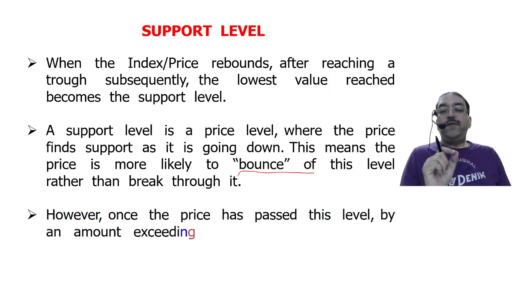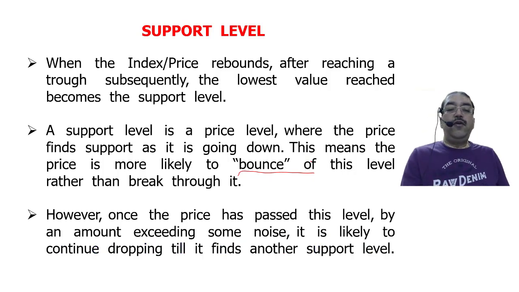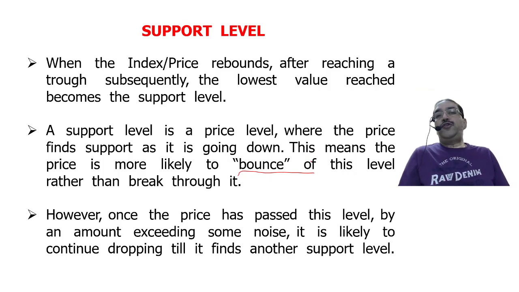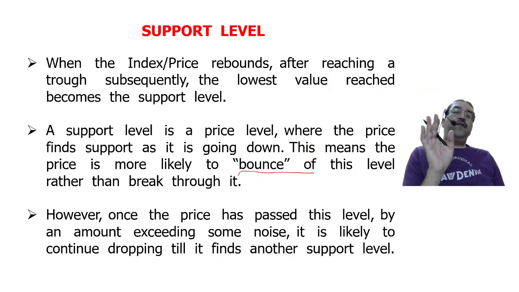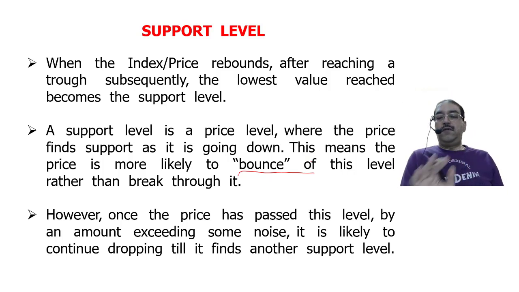However, once the price has passed this level by an amount exceeding some noise, it is likely to continue dropping till it finds another support level. It will go on falling. There will be some support, again it will fall, but the lowest point will be the lowest support level below which in future also it is not going to fall. Let it reach the lowest point, after that it is going to increase, and after increasing, if in future it falls, it will not come down to that level. That is the support level.